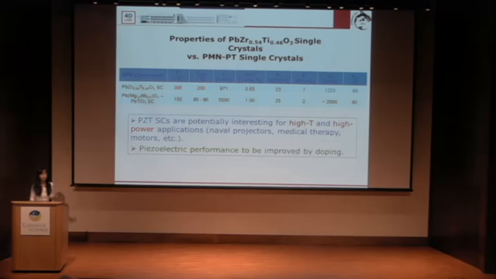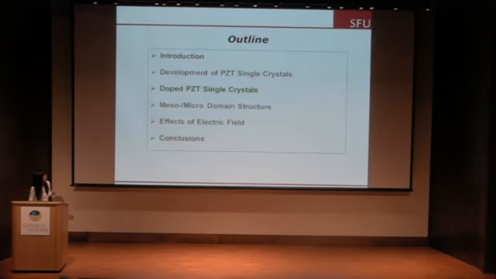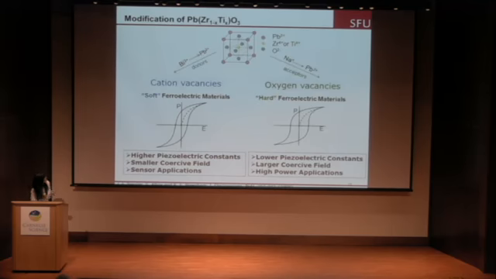In most applications of PZT ceramics, it's used in doped form, either by donor doping or acceptor doping. Donor doping could lead to cation vacancies in the structure, and the material with cation vacancies shows a high piezoelectric constant and smaller coercive field, so it can be used as a softer ferroelectric material.